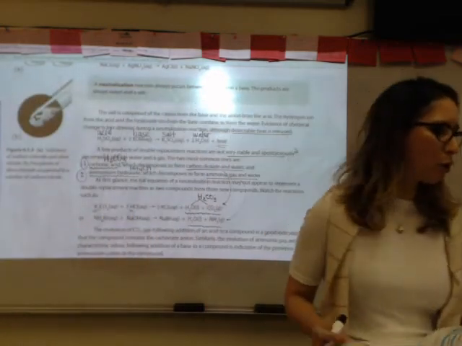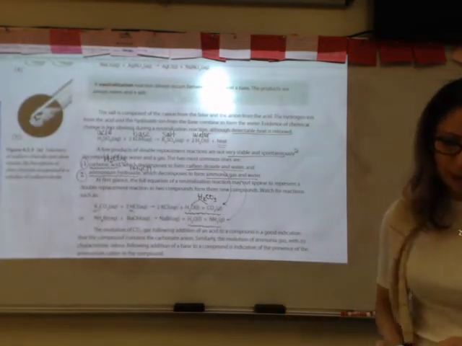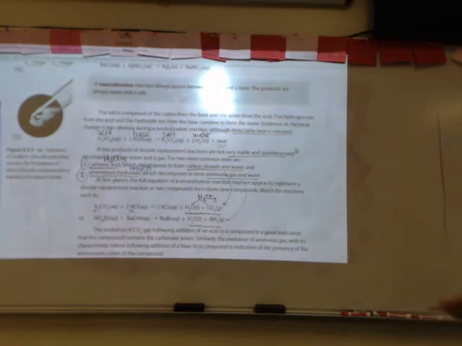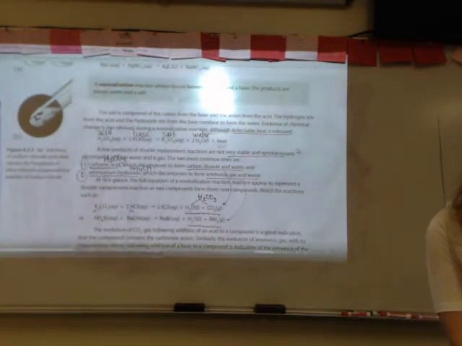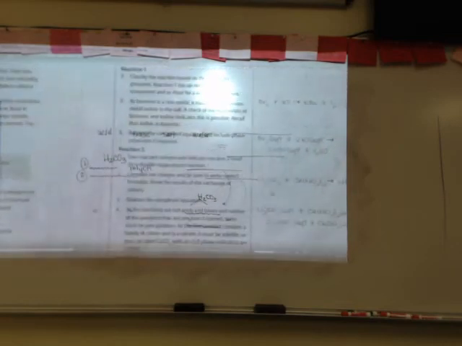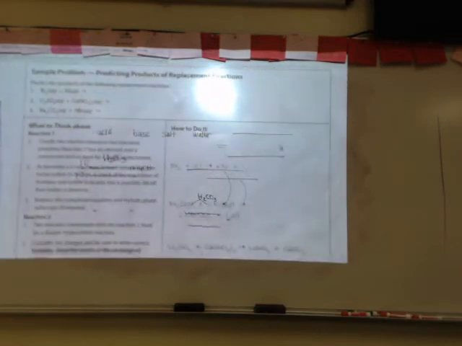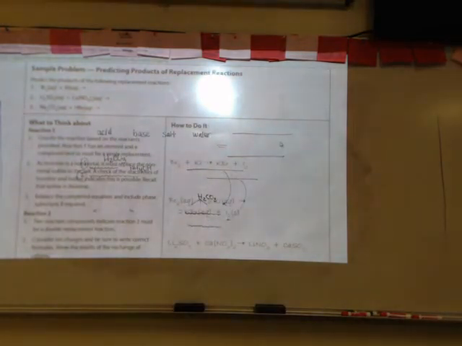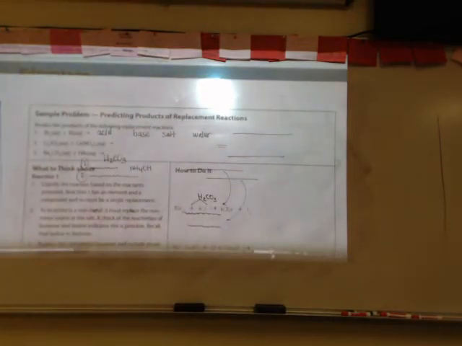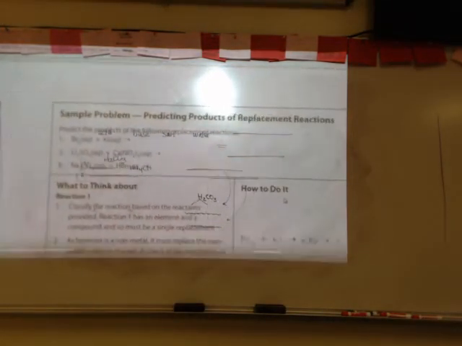If you see NH4OH on the product side, in anything, you want to immediately get rid of it and just write H2O and NH3 in its place. Let's take a look at a sample problem on the next page.